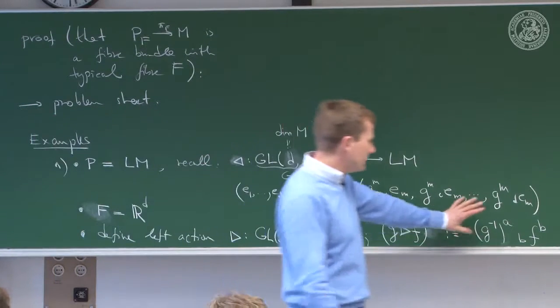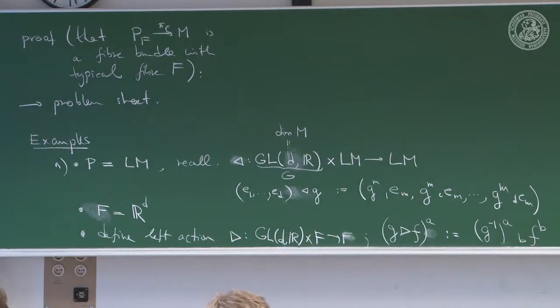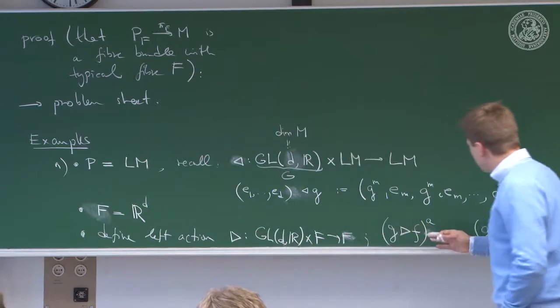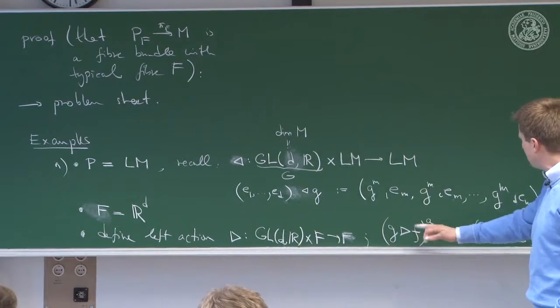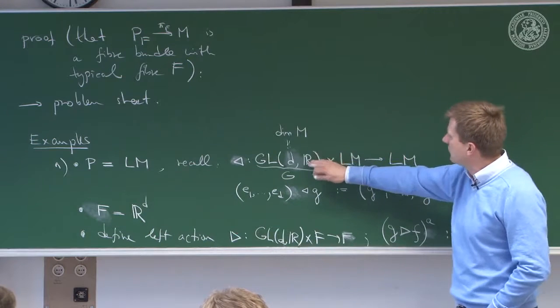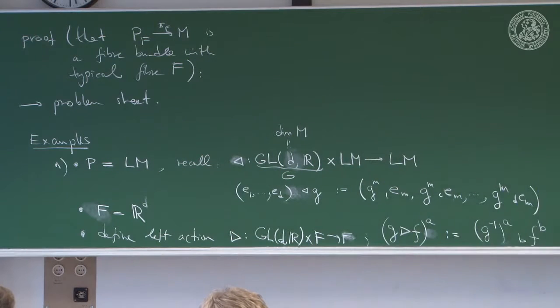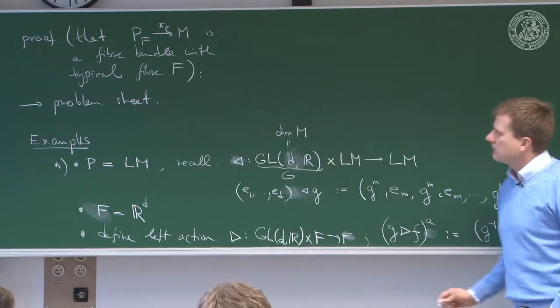Okay, so that's the idea here. We provide this as an input, and now we're done because I provided you with a principal bundle, with a fiber, and a definite left action, a specific left action of the same group, that is the fibers of the principal bundle, on this F.